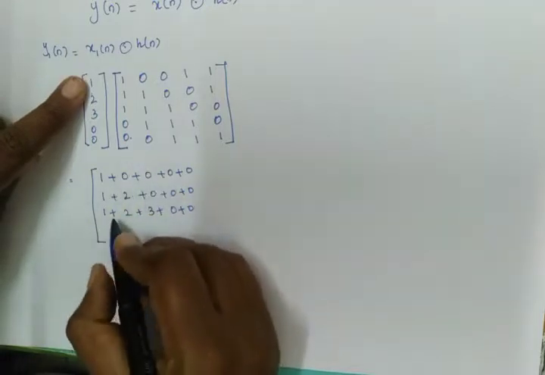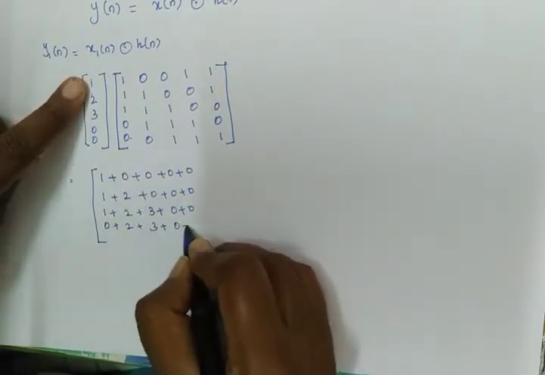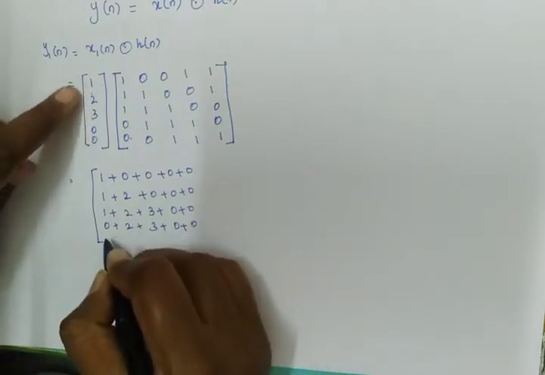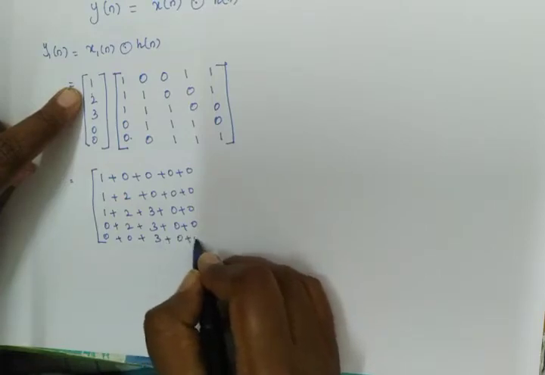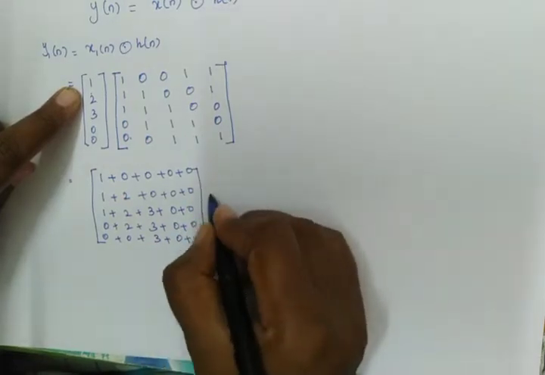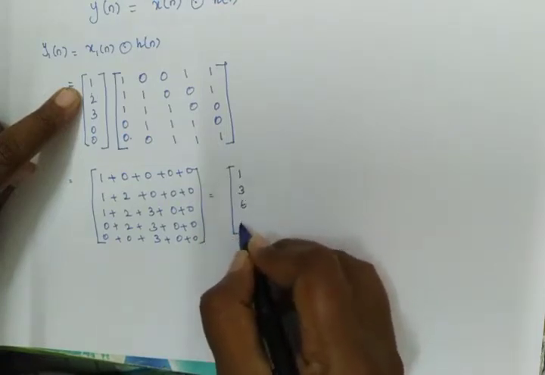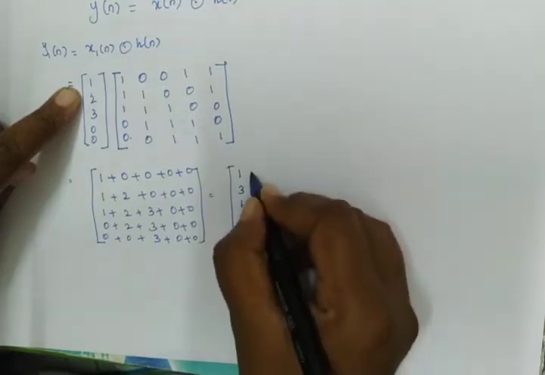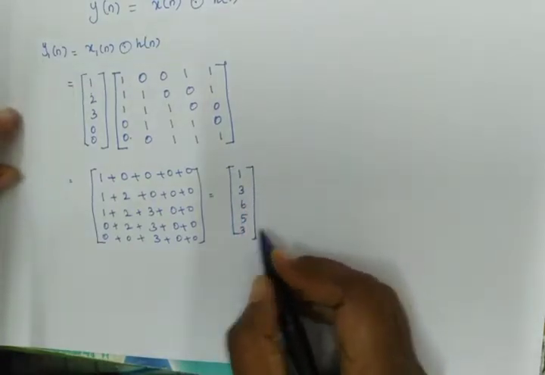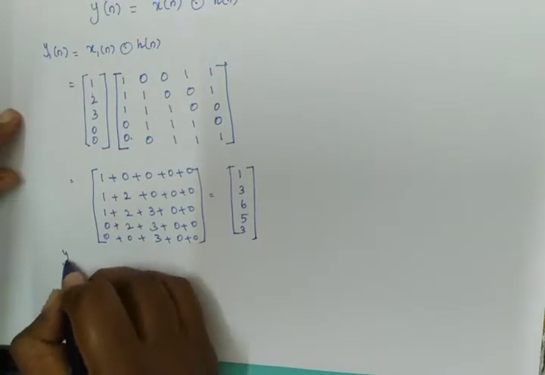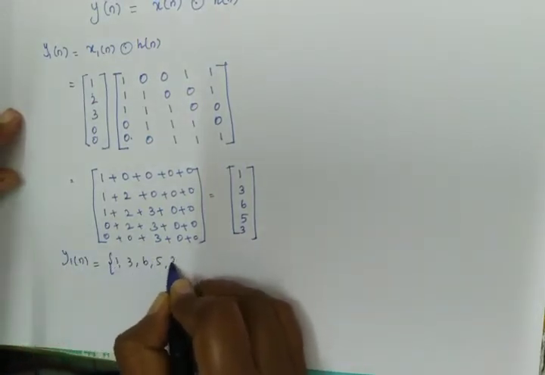Then the next one is 0 plus 2 plus 3 plus 0 plus 0. Then the last one is 0 plus 0 plus 3 plus 0 plus 0. So what is the answer for this? You can write this as 1, 3, 6, 5, 3. That is, y1 of n is equal to 1, 3, 6, 5, 3.